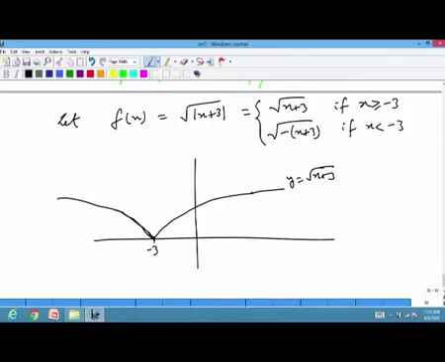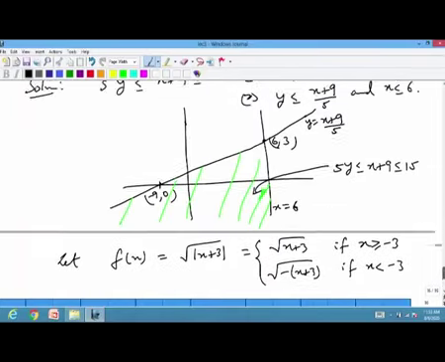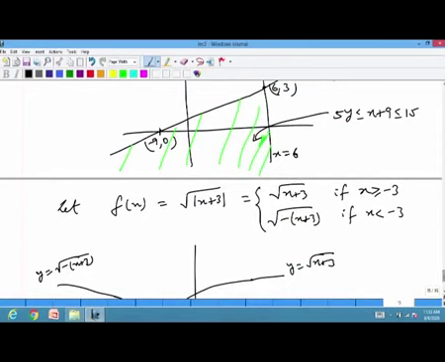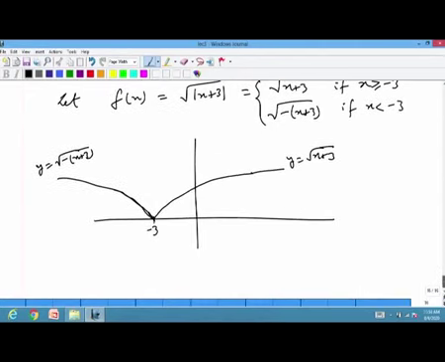So, this is the graph of f x, this part is y equal to square root of minus x plus 3. Now, what we have is the region y is bigger than or equal to f x. So, y bigger than or equal to f x will be the region above this. This is the region y bigger than or equal to square root of mod x plus 3.